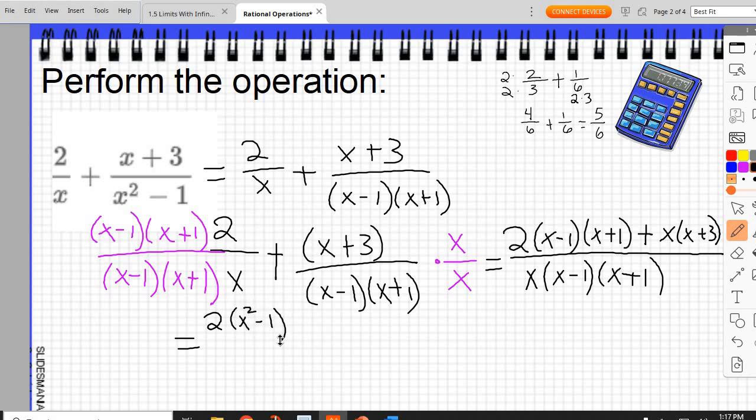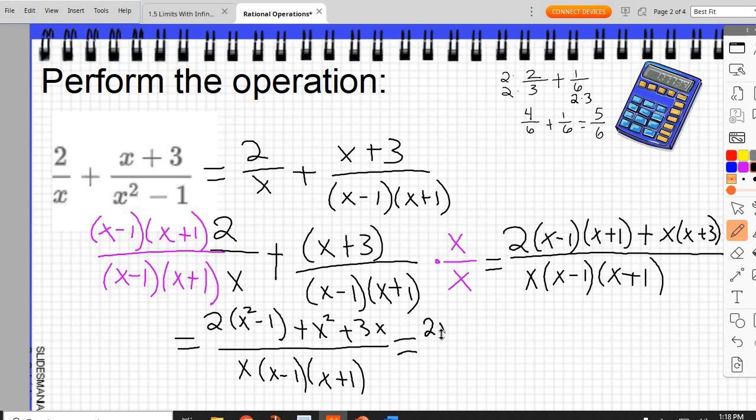And then if I distribute that x, what do we get there? X squared plus 3x. Okay. So then what do we want to do? Can we simplify that any further? Yeah.